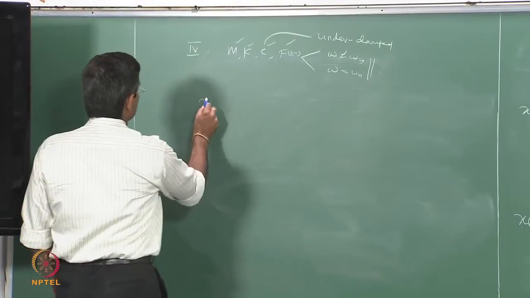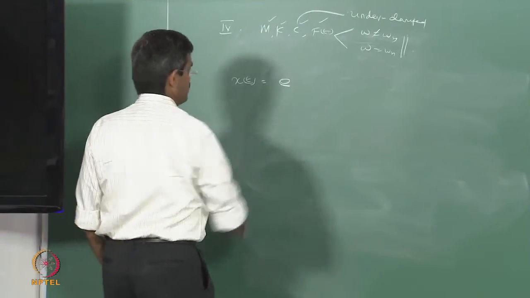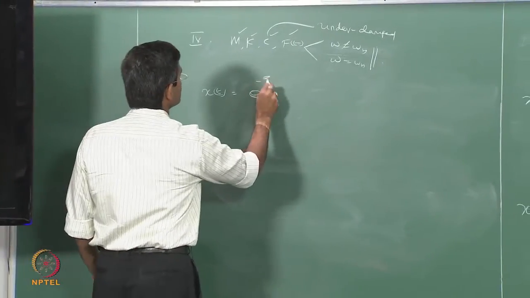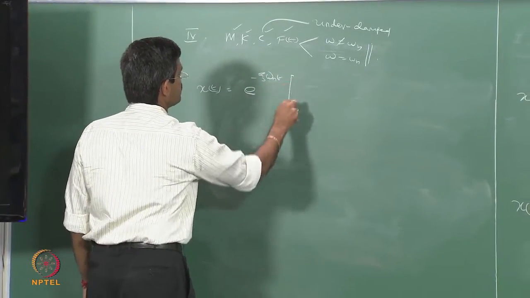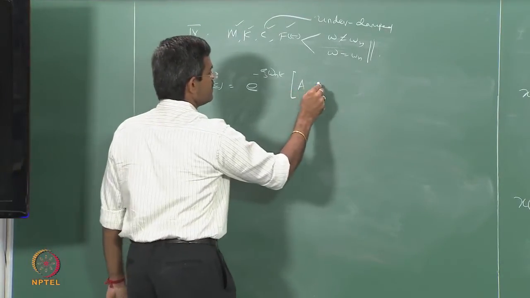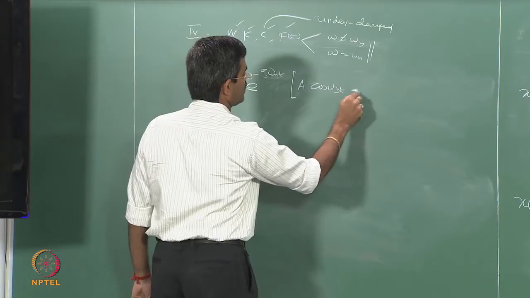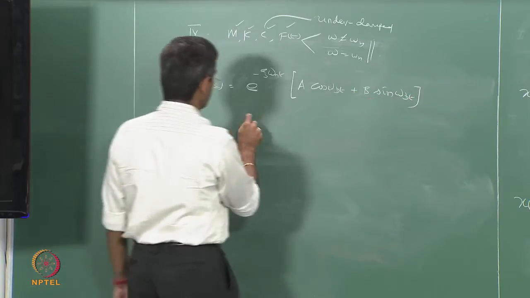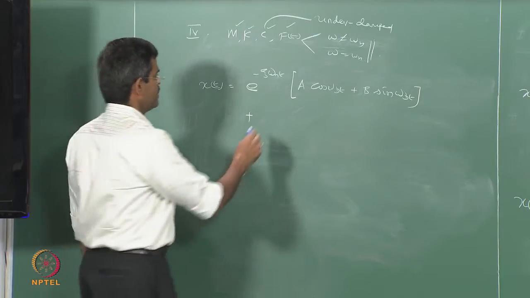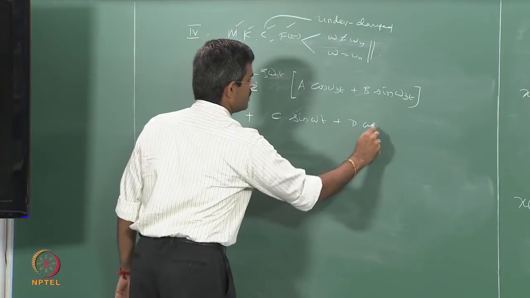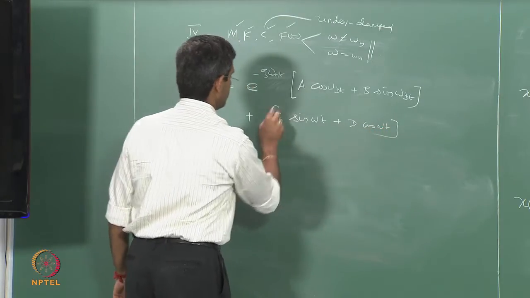So, we derived this equation, x of t is given by e to the power of minus zeta omega n t (a cos omega d t plus b sin omega d t) plus c sin omega t plus d cos omega t.